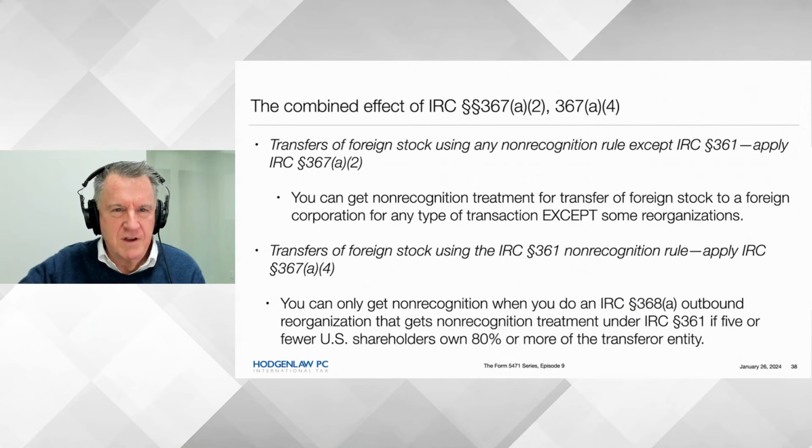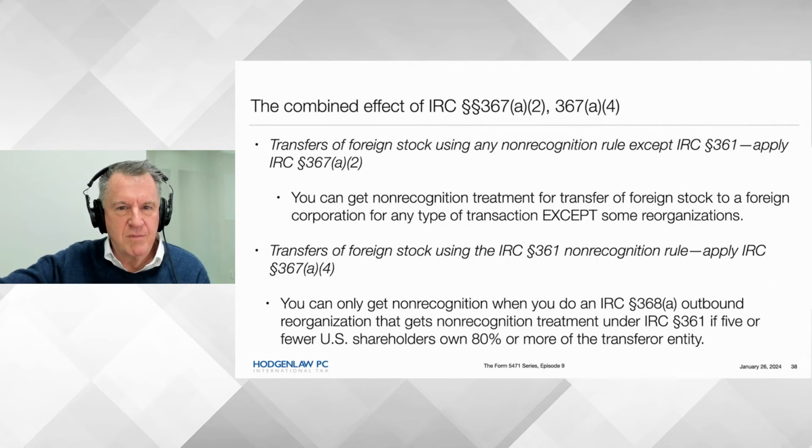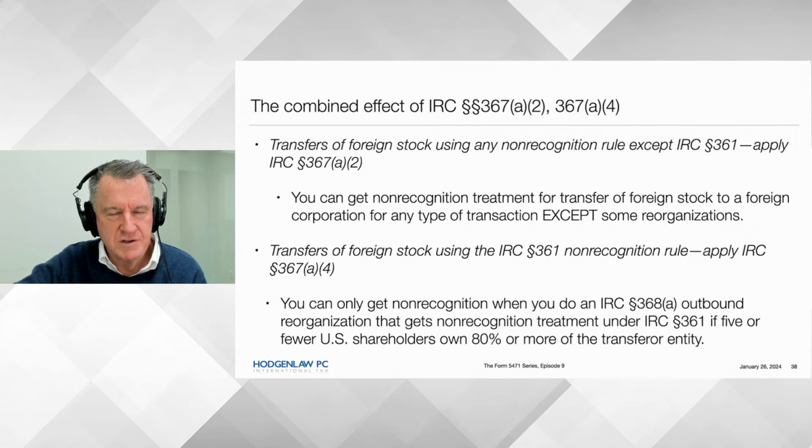And the effect of this is you can get non-recognition treatment for outbound transfer of foreign corporation stock to a foreign corporation. So, for example, I own CFC1 stock and I transfer CFC1 stock to CFC2. There's an example. So you can get non-recognition treatment there.